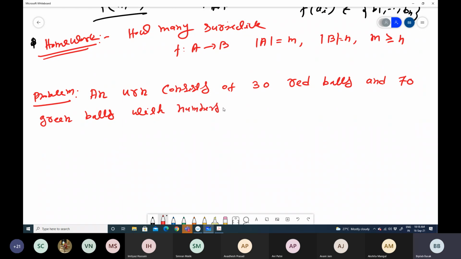With numbers we mean that the balls are different, so they are not identical. There is some confusion about whether balls are identical or not, but generally in this kind of problem, when we say 30 balls, that means there are 30 distinct balls.